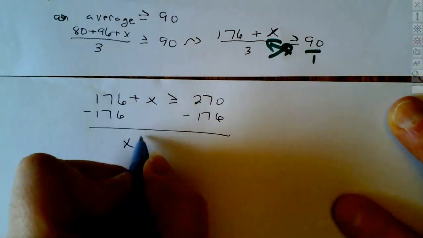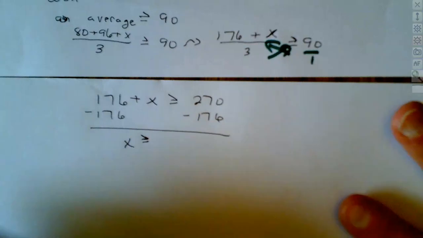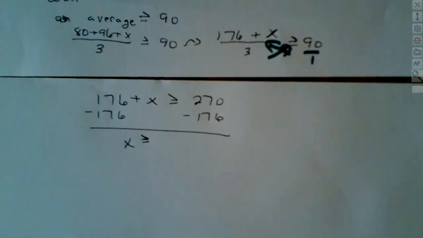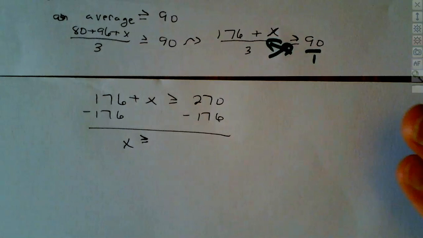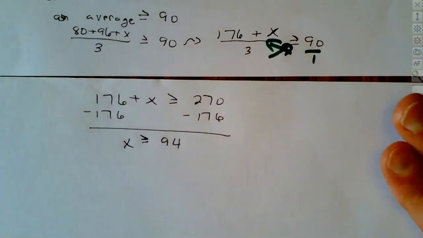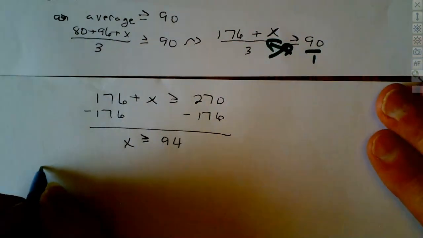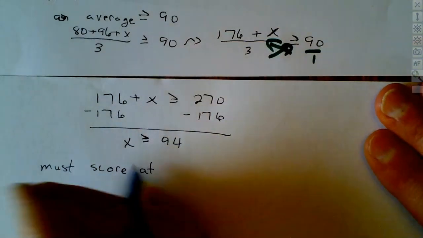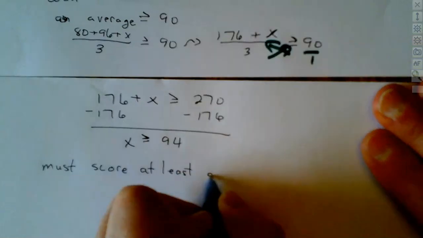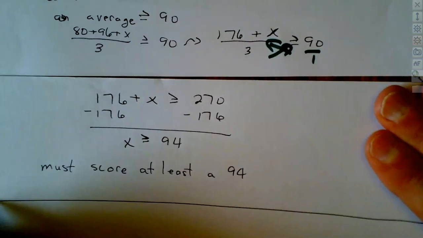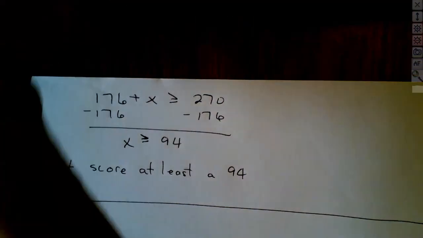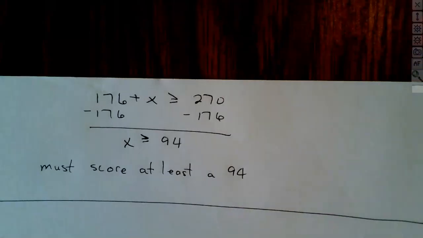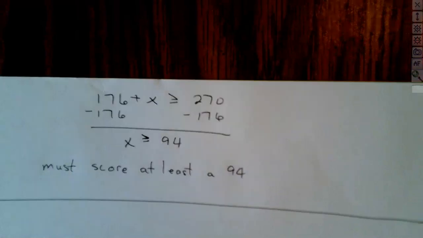And now we've got x is greater than or equal to 270 minus 176. That's 94. So what does that mean? That means she must score at least a 94. And if she scores at least a 94, then she will get an average of a 90. So the average is just adding up the scores and dividing by how many you have.